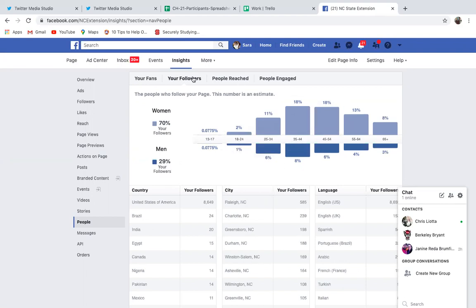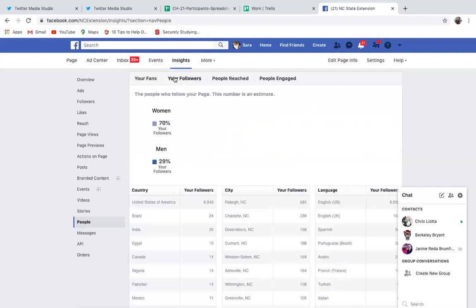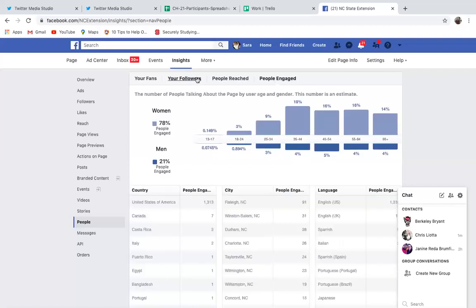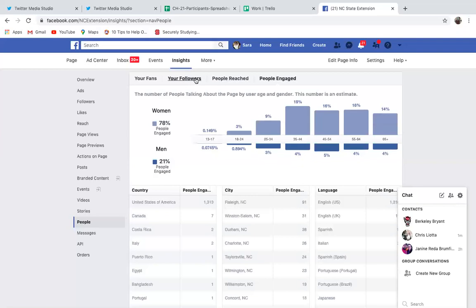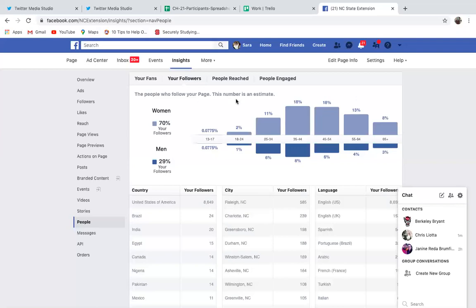So when I first had started, these numbers were not the same. So it would be interesting to see if those numbers correlate for you all. So for us, I think it was still like the people engaged with us were an older audience by about 10 years than our followers. So that's just something that would be interesting to look at for your pages as well.